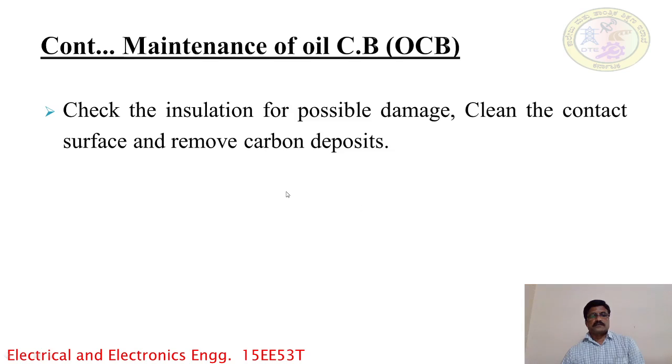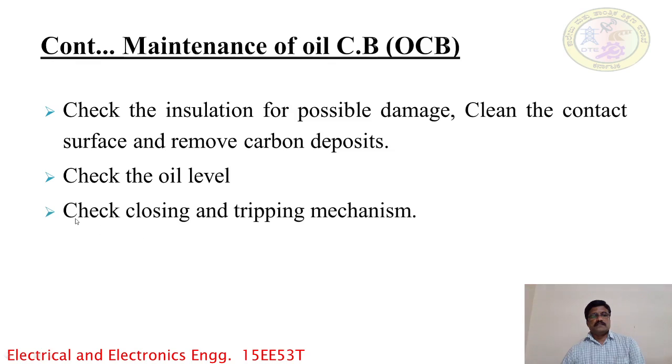Next, check the oil level. Because oil is one of the important parts of the oil circuit breaker, a proper oil level is necessary during the operation of the circuit breaker. Hence, at every scheduled maintenance, the oil level should be checked.